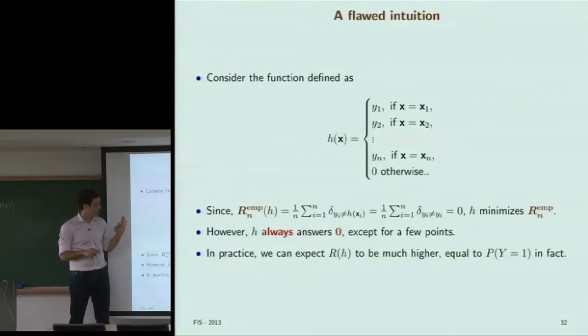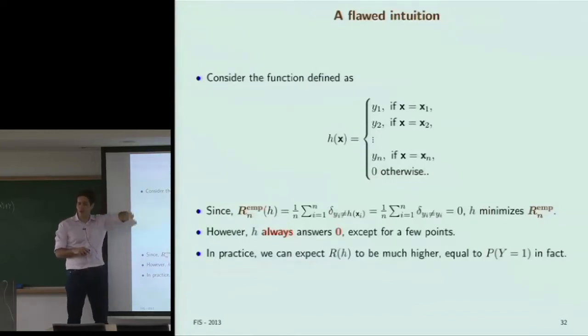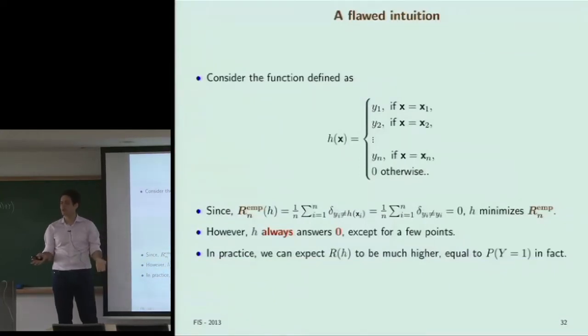That is, if x equals x1, well, you told me it was y1, so it's y1. If x equals x2, you told me it was y2, so it's y2, etc., etc. And you do this for every single point on the database. You scan the whole database, and if you don't find the new point in the database, you just answer 0. Okay?